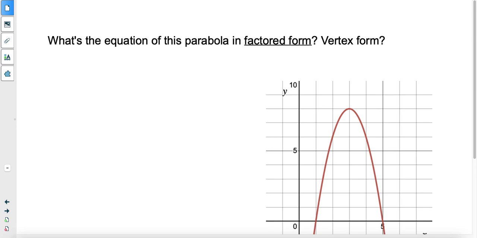So, in this graph, for this parabola, we wanted to find the equation in both factored and vertex form. Let's start with the factored form. I know the factored form can be written as y is equal to a times x minus r times x minus s, where r and s are my x-intercepts, or zeros.